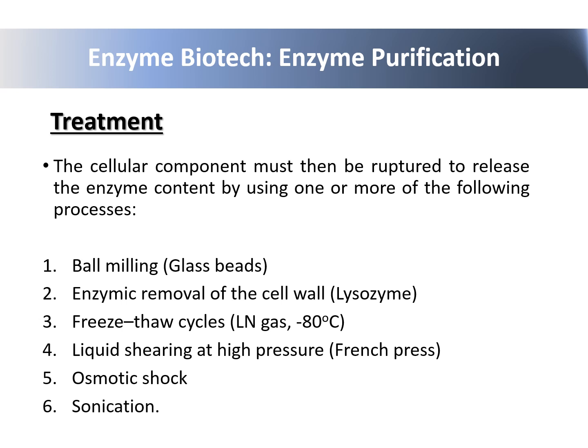So if you look at number 2, number 3, and number 6, this is what we can readily show you in our laboratory. You can use lysozyme. We have done that a lot, and we continue to do that. Freeze-thaw cycles, we have used liquid nitrogen, we've used minus 80 degrees Celsius, and sonication is being done in the lab currently. Through that vibration, you break the cell.